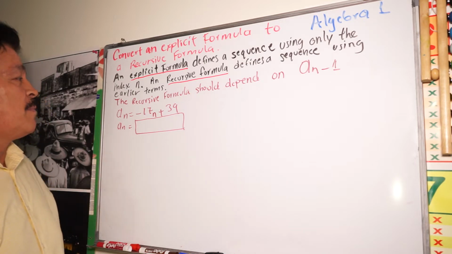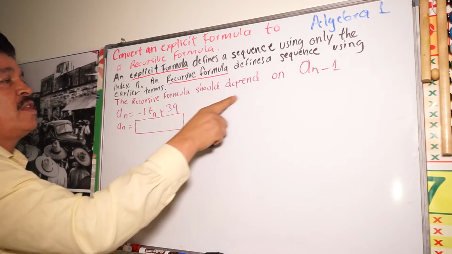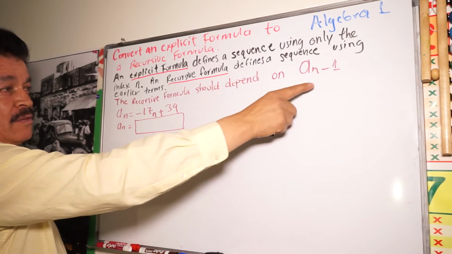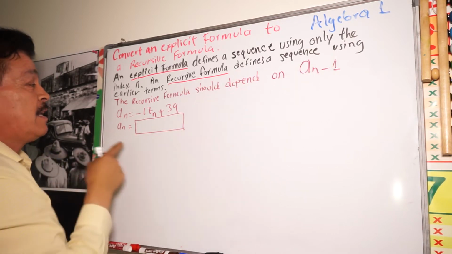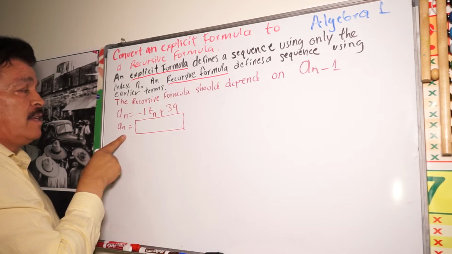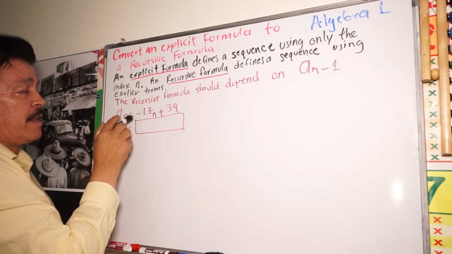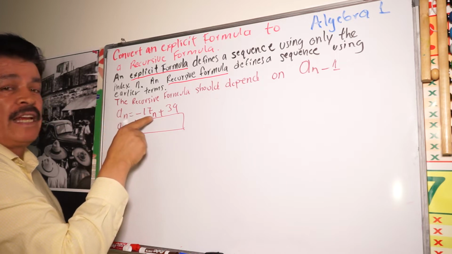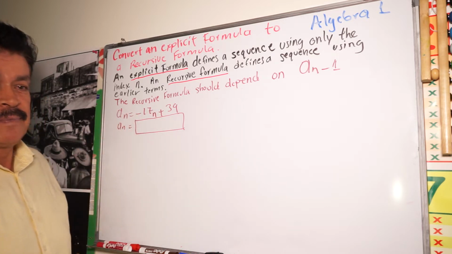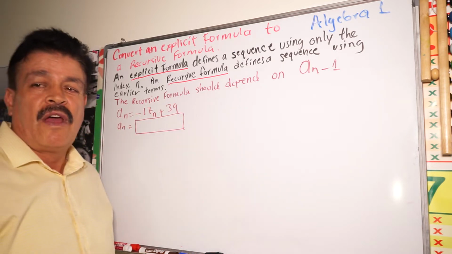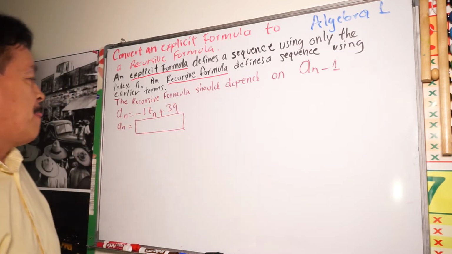The recursive formula should depend on a_n minus 1. The explicit formula is a_n equals negative 17n plus 39. We have to find the recursive formula.